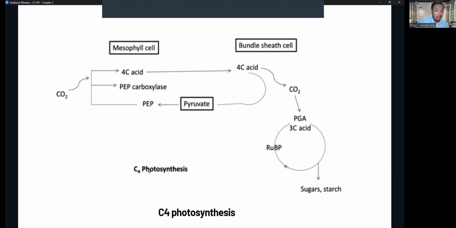So we have the maize, we have the corn as a very good example of a C4 plant. This time, we have PEP carboxylase. This is very much needed so that a 4 carbon molecule will be produced.